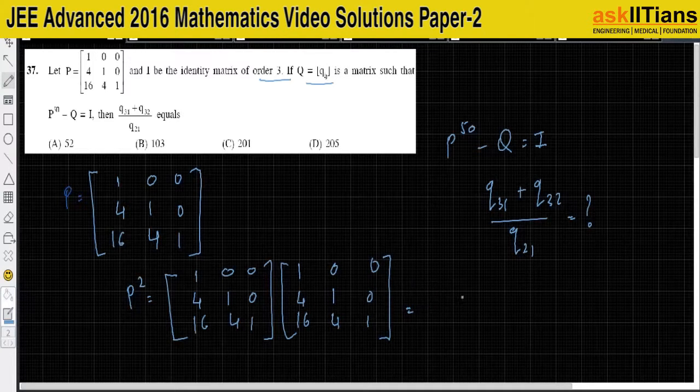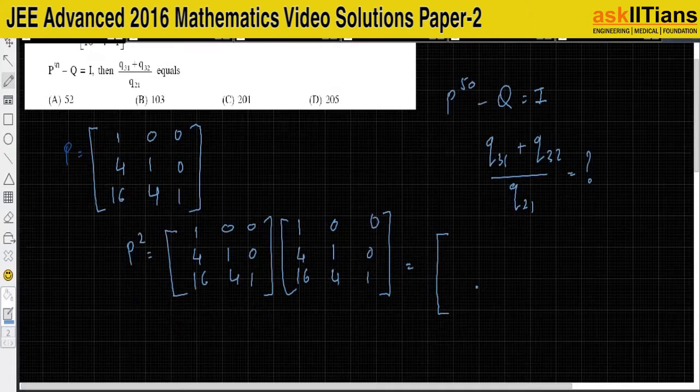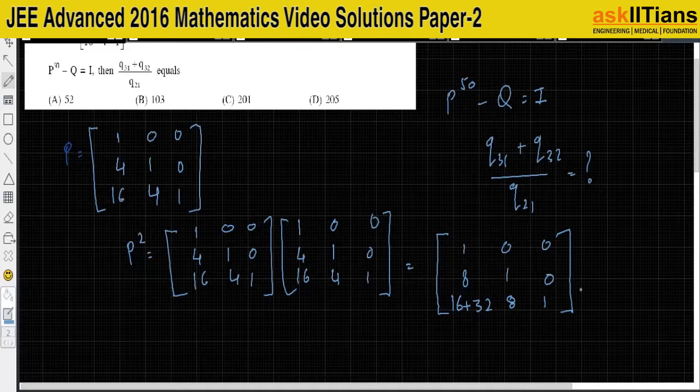If I find P square, this will come out to be 1 0 0, here I'll get 8 1 0, and here I'll get 16 plus 16 plus 32, 8 and 1. This will be P square.